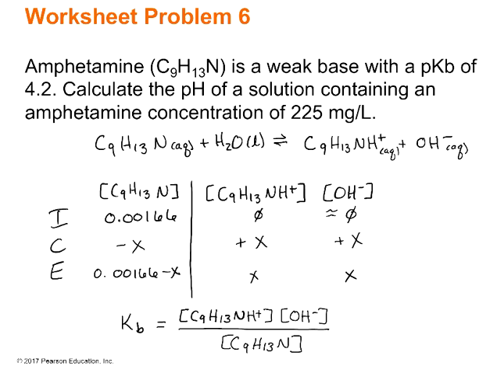Great. Now, there's just one problem. We were not given the Kb value. However, we were given the pKb value. So we're going to have to do a little bit of math in order to figure out what that Kb value is.